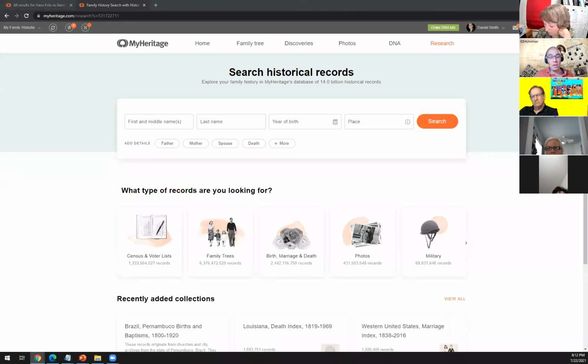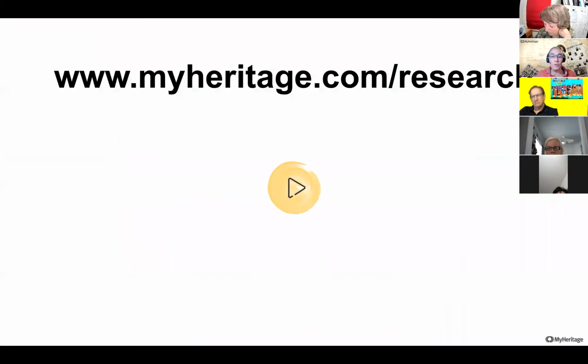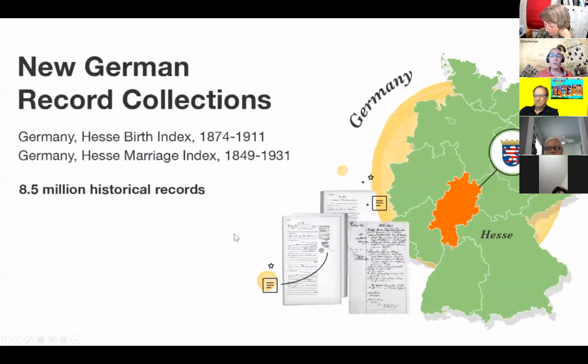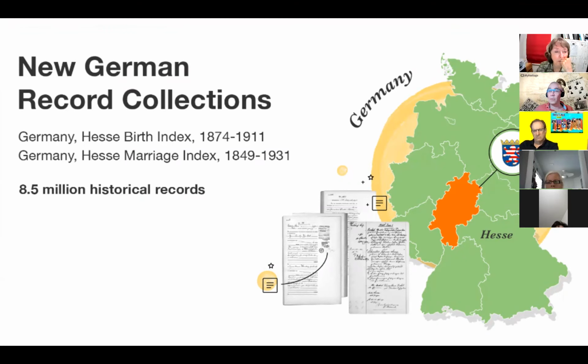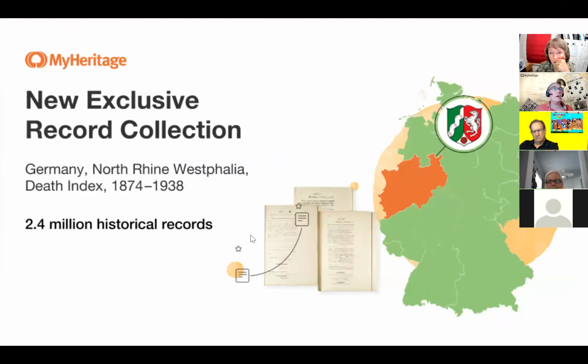And just before we move to the questions, two of the last collections that we released lately related to Germany. The Hesse collection, which I showed you the record as an example. We are talking about 8.5 million historical records, and also the North Rhine-Westphalia death index, which is 2.4 million historical records also added.